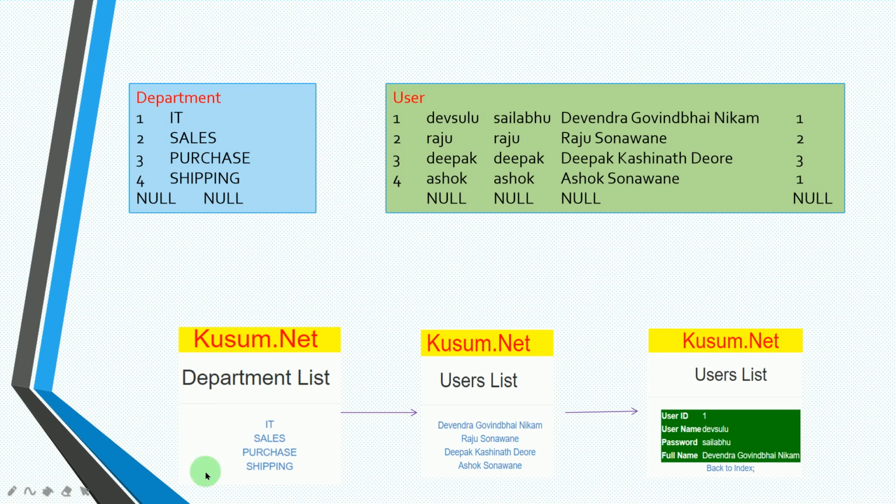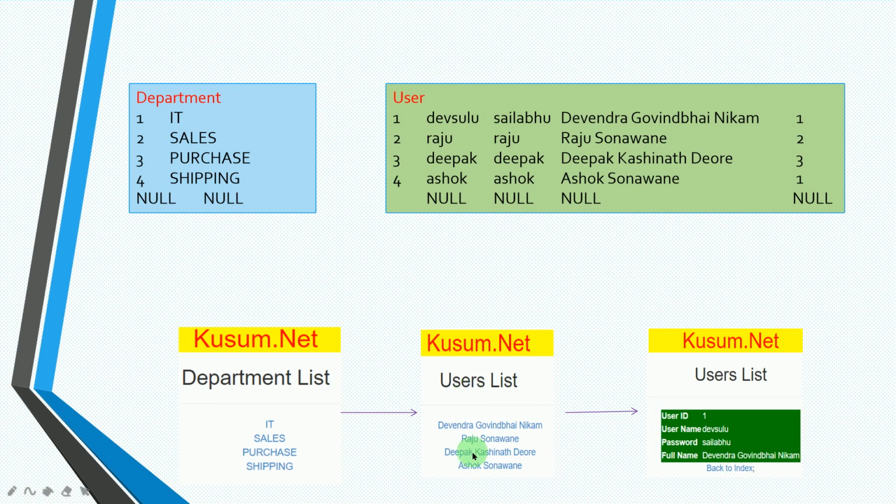So what we will do, we will first create this department list, the names of the departments, using hyperlinks. After clicking on a department name, we will display the user list.